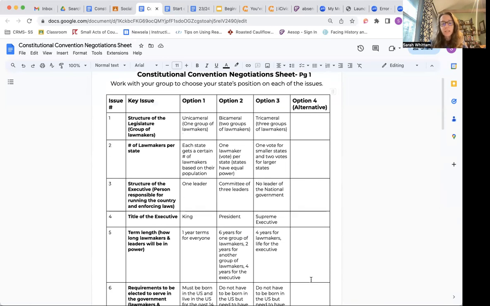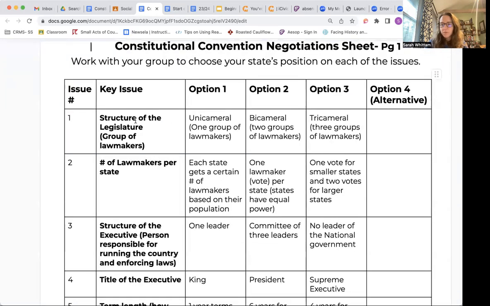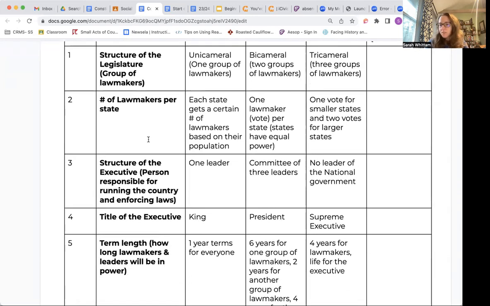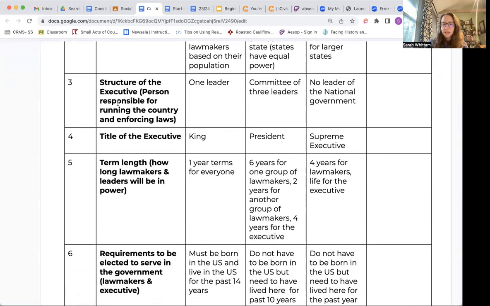Okay, so you'll be deciding the structure of the legislature, which means the number of groups of lawmakers. You have to be deciding how many lawmakers each state gets. Are you going to have an executive? So someone who's in charge of running the country and enforcing laws, kind of like a king or a president?